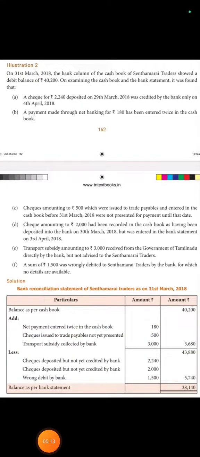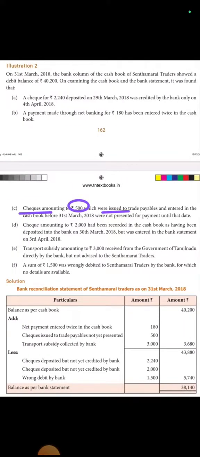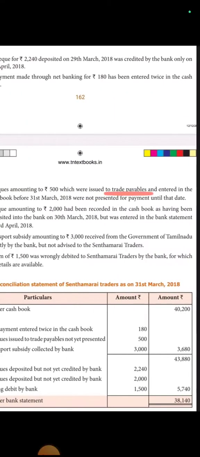The next transaction is checks amounting to rupees 500 which were issued to trade payables and entered into the cash book before 31st March 2018 were not presented for payment until that date. So listen carefully. We issued a check of rupees 500 to trade payables.